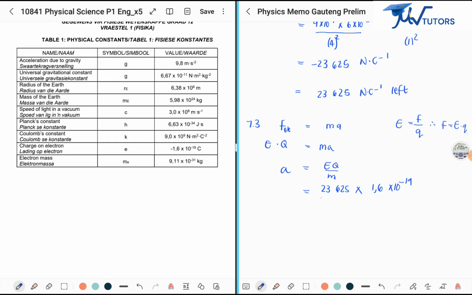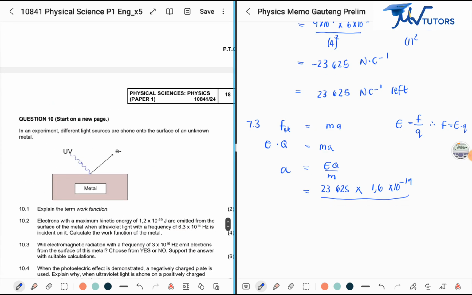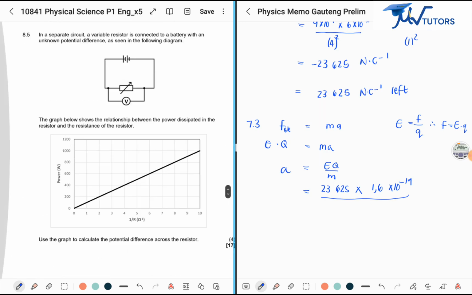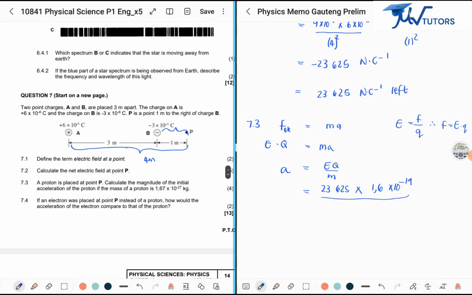And then the mass is what they have given us, right? So let's just go up again and read that. Okay, so they told us that the mass is 1,67 times 10 to the -27.